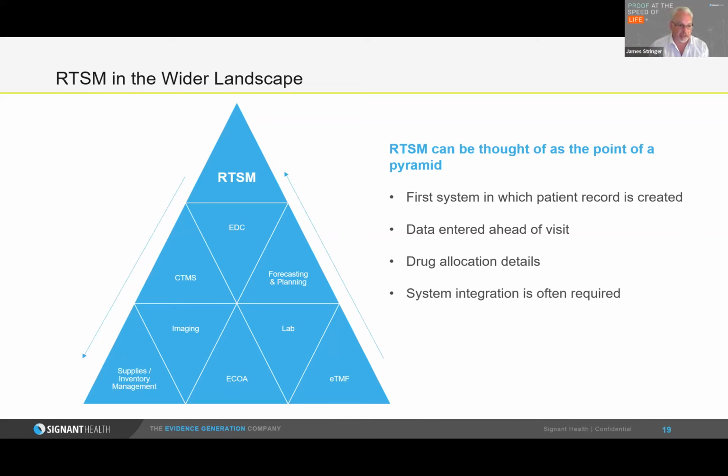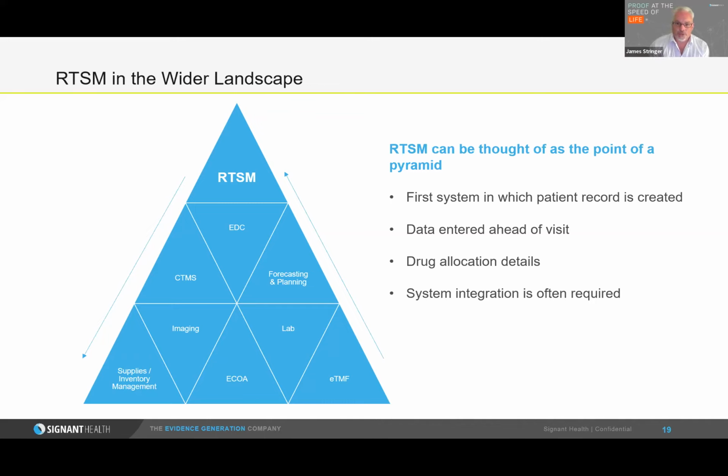The one thing that we know in the RTSM industry is that, ironically, we design these systems to work in a particular way, and yet our users, our doctors, our nurses, whomever, try to spend as little time as possible in these systems. It's not unique to RTSM; it's the same for EDC and whatever else.